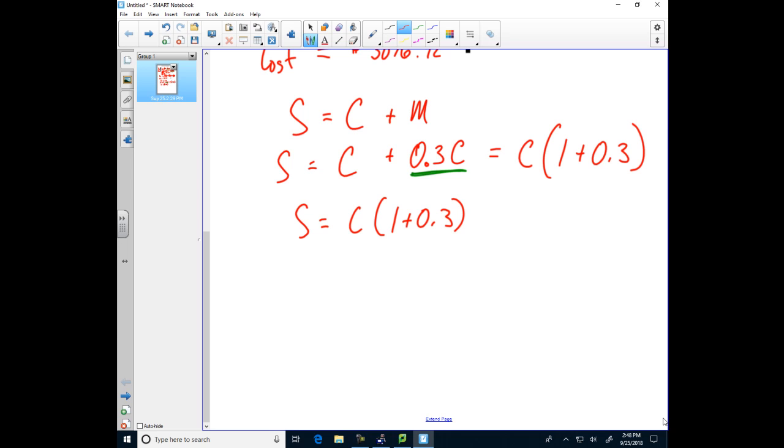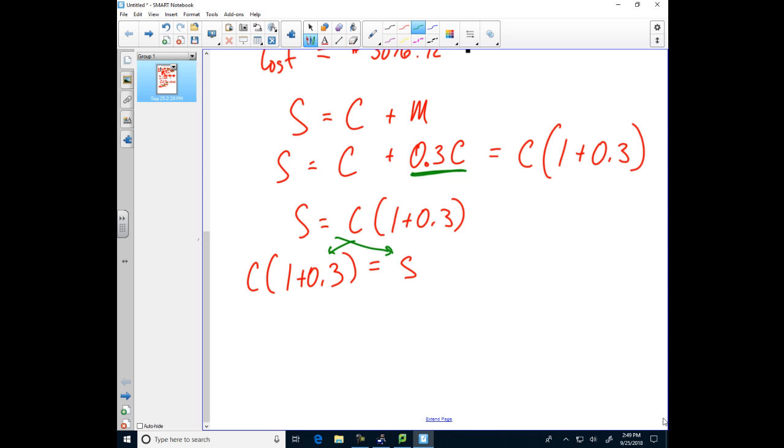Now recall, I'm actually trying to find, what was it, cost? So recall here, if I want to solve for C, well, first thing I'm going to do is this. I just flipped them, didn't I? I wrote that over there and I wrote that over there.